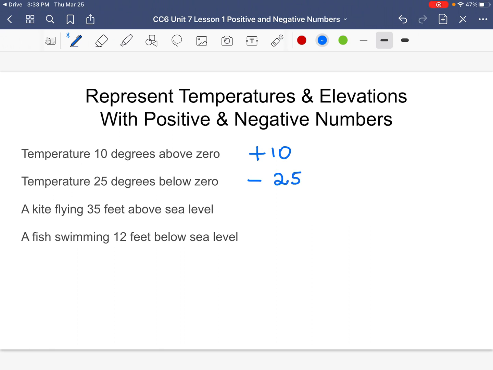A kite flying 35 feet above sea level would be plus 35. And a fish swimming 12 feet below sea level would be represented by minus 12 or negative 12.